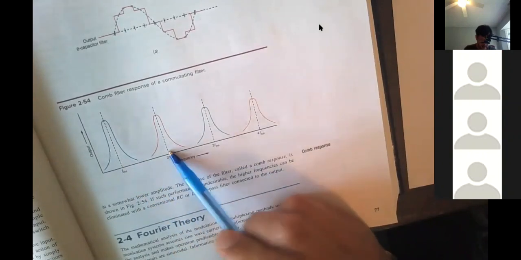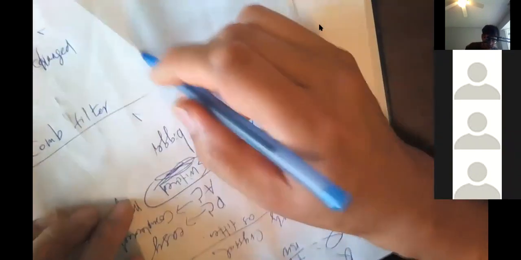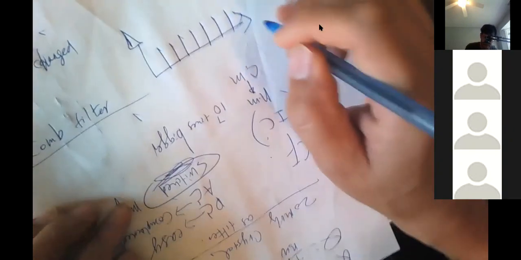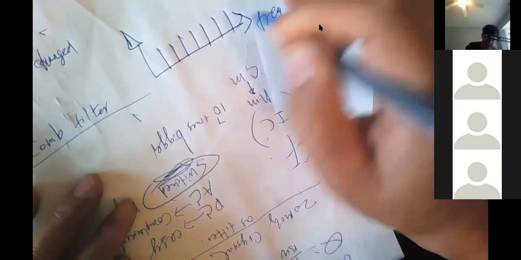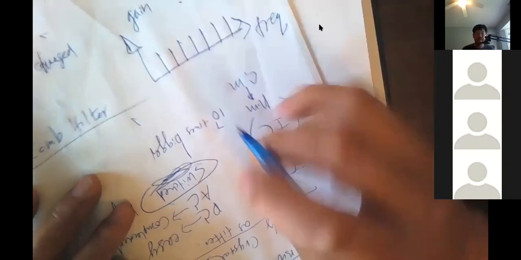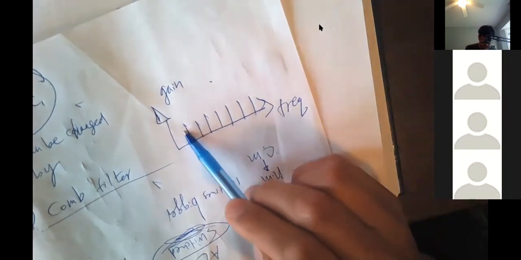So if this is 10,000, 20,000, 30,000, 40,000, this is a comb filter. The frequency and the gain: 1, 2, 3, 4, 5, 6, 7, keep going. So that's what this switch technology accomplished.